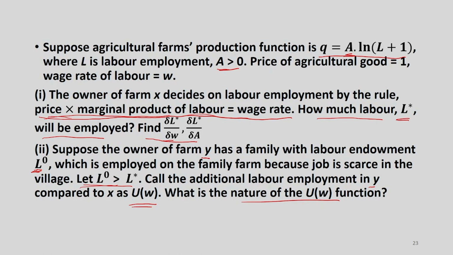So, the people in the family work on their own firm, and so L0 amount of labor will be employed. We are trying to see the relationship between L0 and L star. So, that is the background of this problem. It is a very important and quite familiar problem in the literature of development economics.